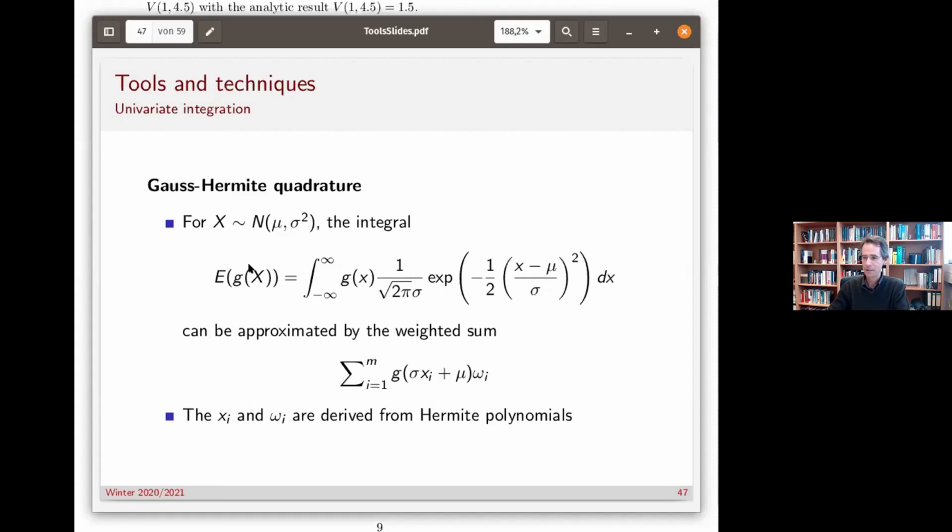And a very efficient way to numerically evaluate such an expectation, such an integral, is to approximate it by a weighted sum, where the points where the sum is evaluated is given by a certain algorithm, and the weights also are given by a certain algorithm. So the points where the function is evaluated and the weights that are attached to these points are derived from what's called the Hermite Polynomials. And we don't go into the details here.